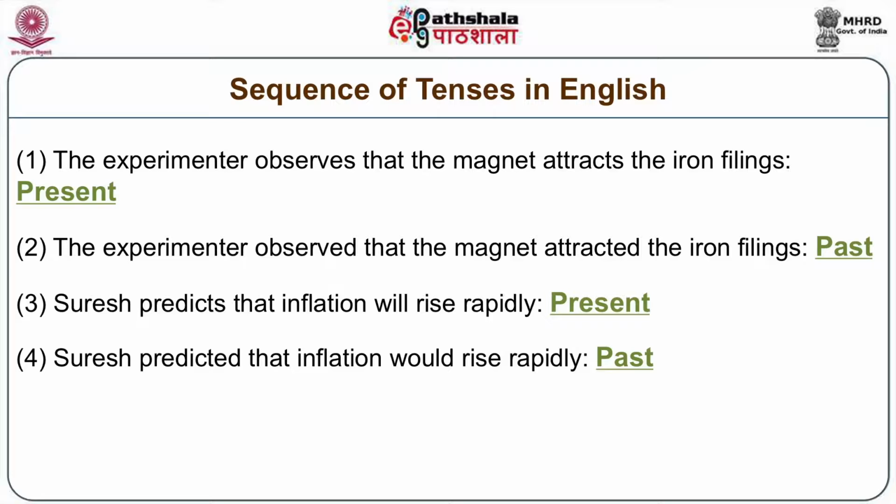So when you change the first verb from observes, present tense, to observed, past tense, the subordinate clause verb changes from attracts, present tense, to attracted, past tense. This phenomenon is called the sequence of tenses effect, or the sequence of tenses phenomenon.